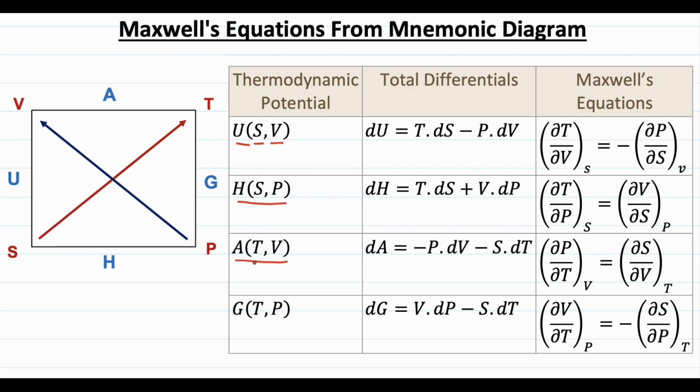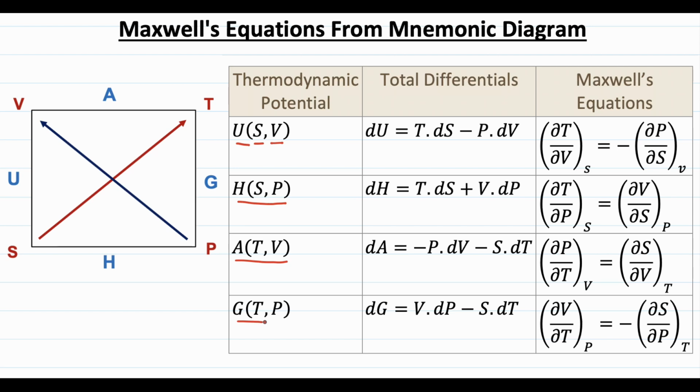And for Helmholtz free energy, whose canonical variables are temperature and volume, the total differential is dA is equal to minus PdV minus SdT. The Maxwell's equation for Helmholtz free energy is that a small change in pressure to the small change in temperature at constant volume is the same as small change in entropy by small change in volume at constant temperature.